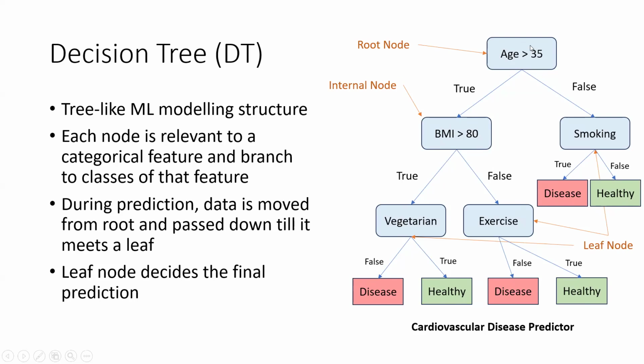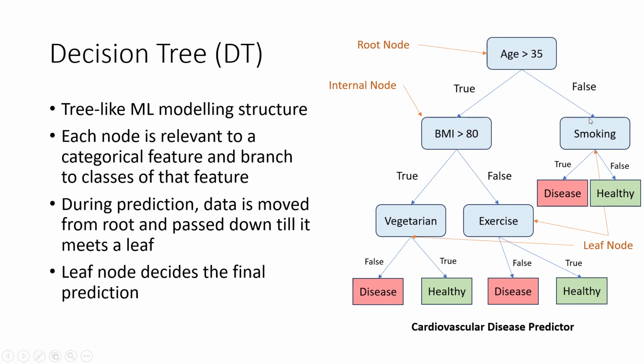So in this case, you can see there are two main variables we have used. Both of them are actually categorical variables, right? Whether the age is greater than 35, it is a binary variable where it has two values, which are true and false. The body mass index, whether it is greater than 80, has two values, that is two classes, true or false, and so on, right?